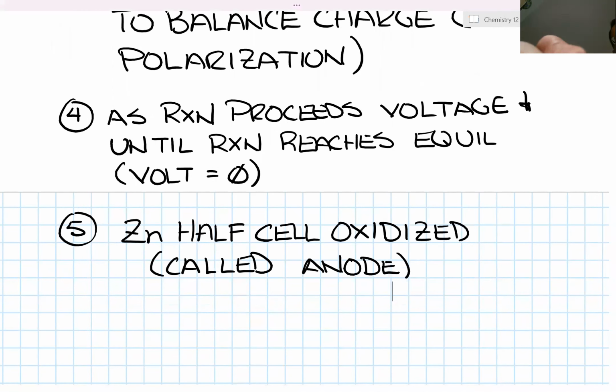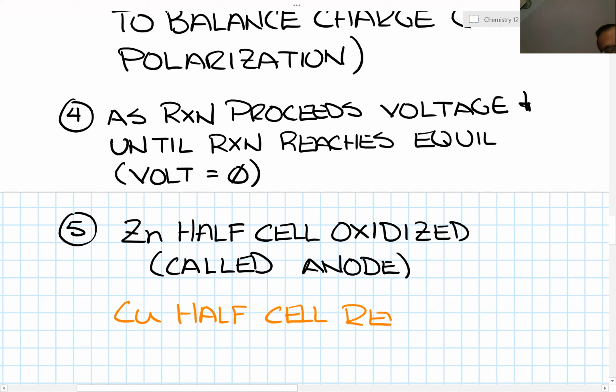The copper half cell, reduced, is called the cathode.